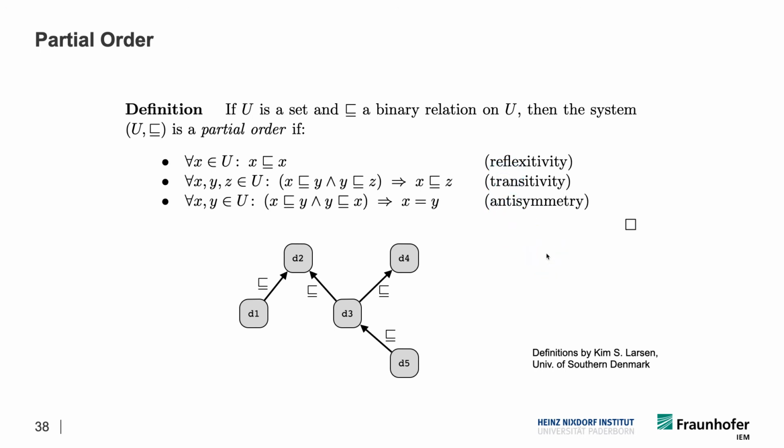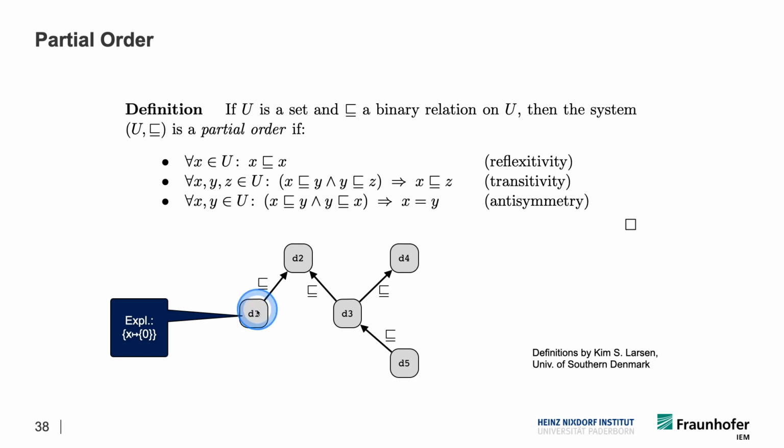So what does this mean? First of all, if we assume that we have the ordering between these 5 elements that I'm showing you here, so this means we have an ordering between D1 and D2, for instance, then let's assume that each individual element here is a domain element, right?